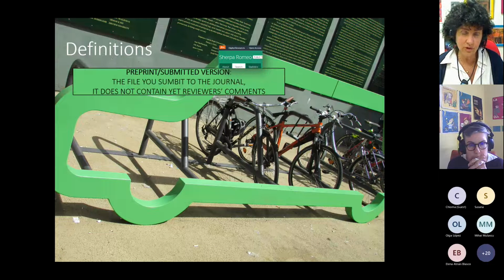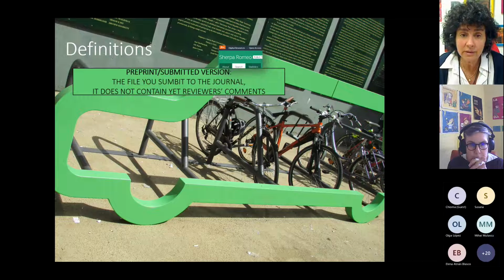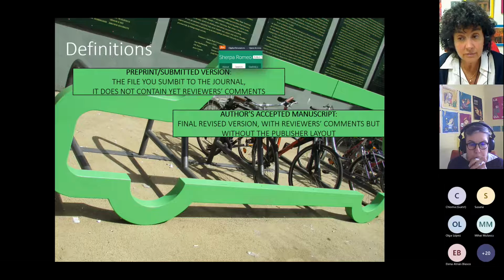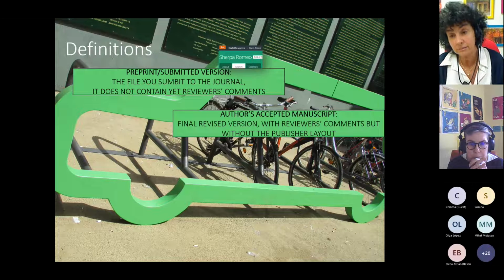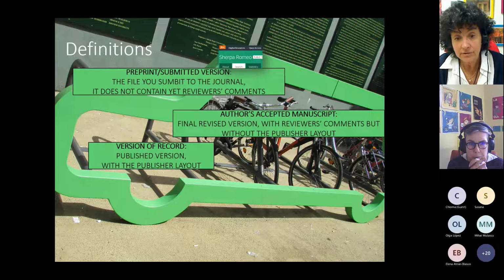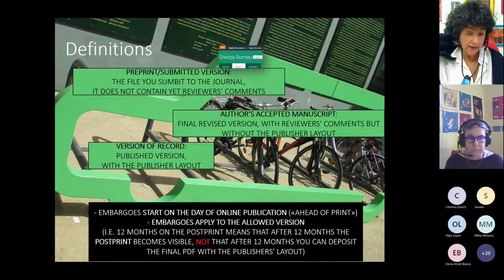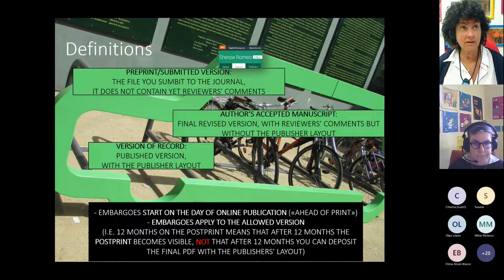And just to recall some definitions, the preprint is the submitted version, the file you submit to the journal. The author's accepted manuscript is the final revised version without the publisher layout. The version of record is the published version. And normally, I mean, normal life is different from Horizon Europe.